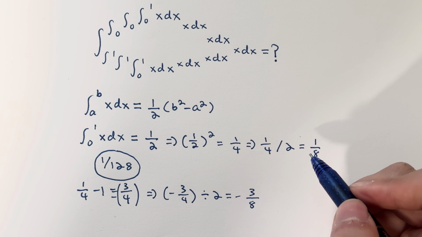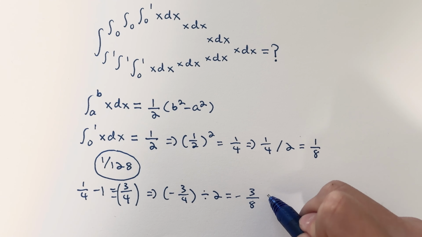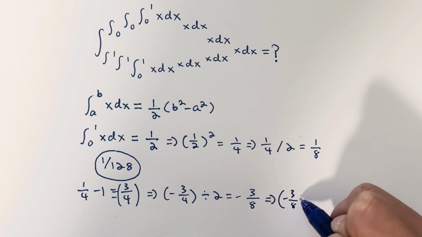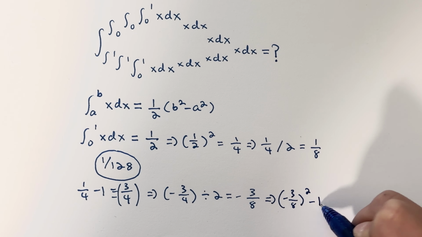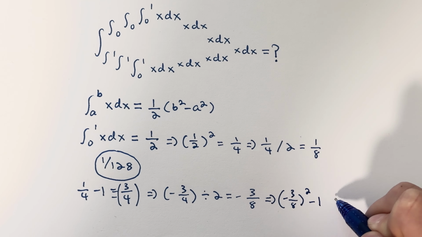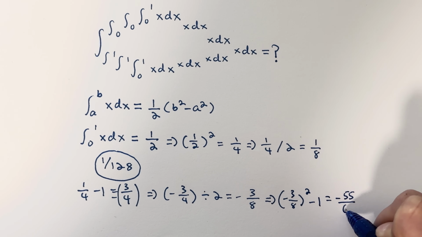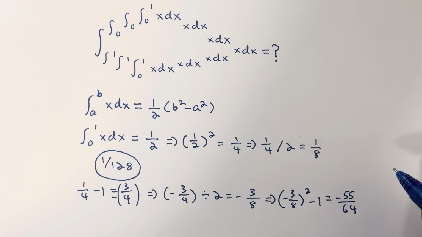So then we can subtract 1 again. 9/64 minus 1 would equal negative 55/64. Divide by 2 to get negative 55 divided by 128.